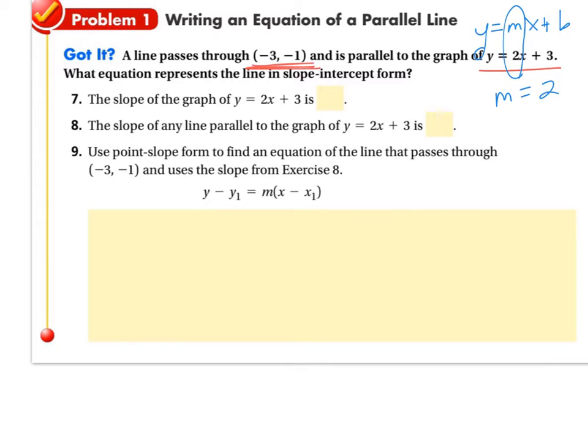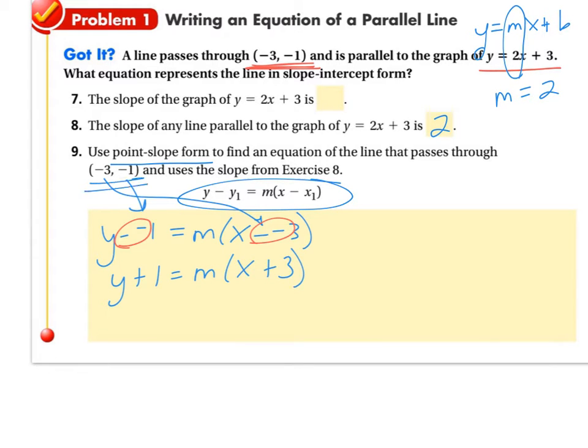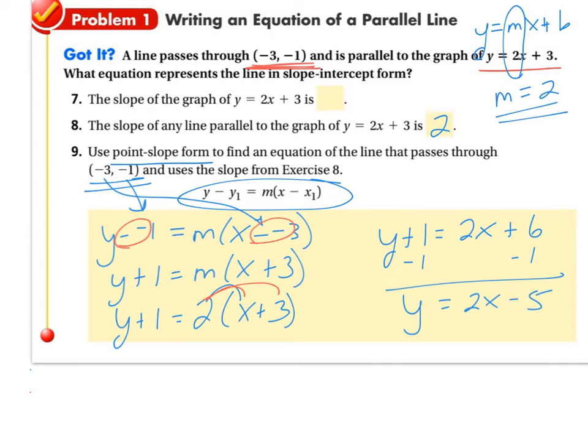That means the slope of any line parallel to this equation will also be 2, but will have a different y-intercept. So we can use point-slope form since we know the point and we know the slope. Once we do that, we can solve for y so that we will then be in slope-intercept form.